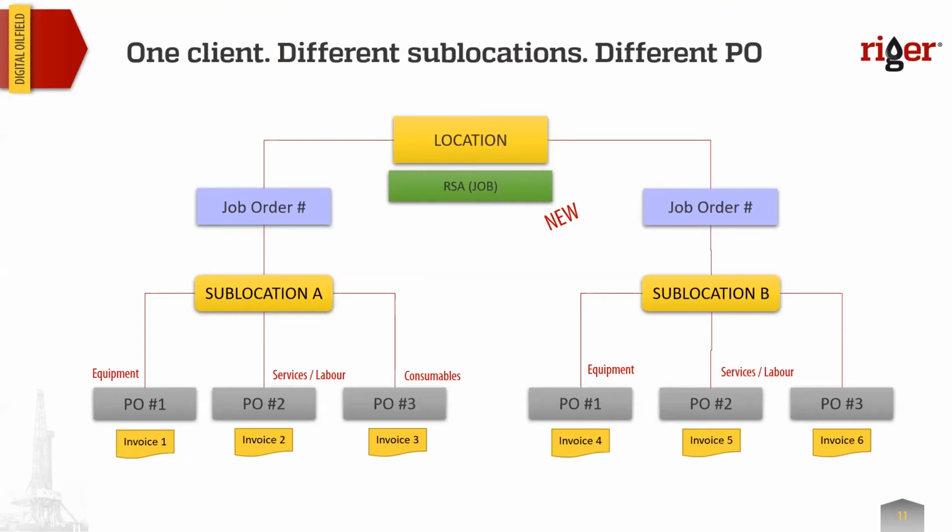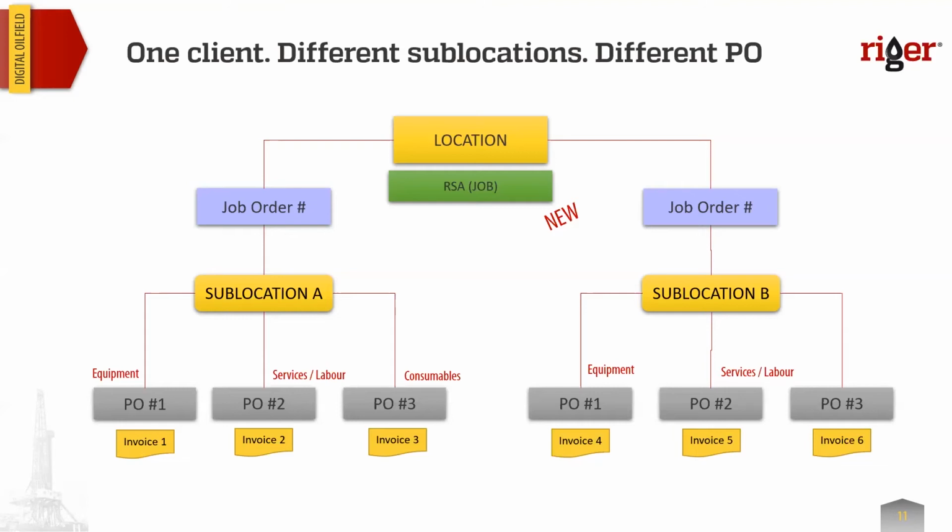And every single PO number and job order number should have its own invoice. So you see that that's a pretty complex scenario, not only in terms of asset tracking, but also in terms of billing purposes.